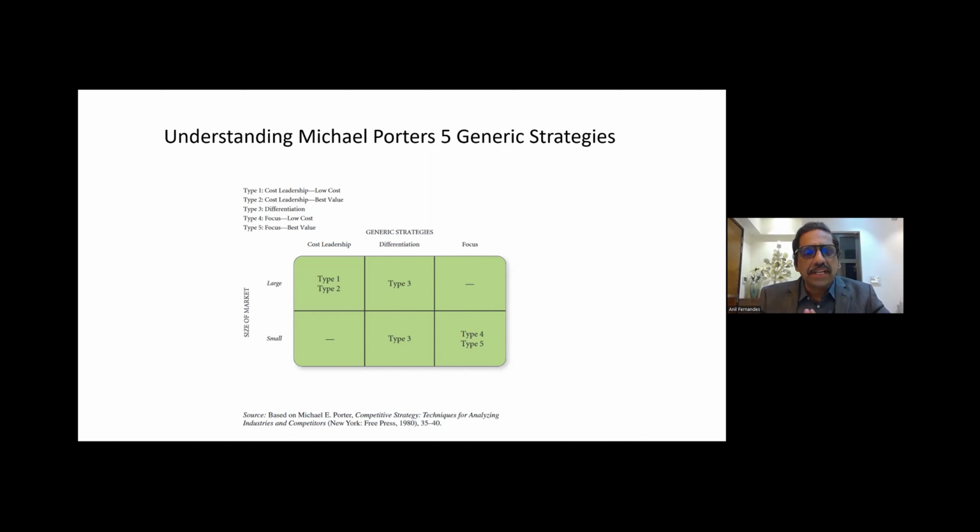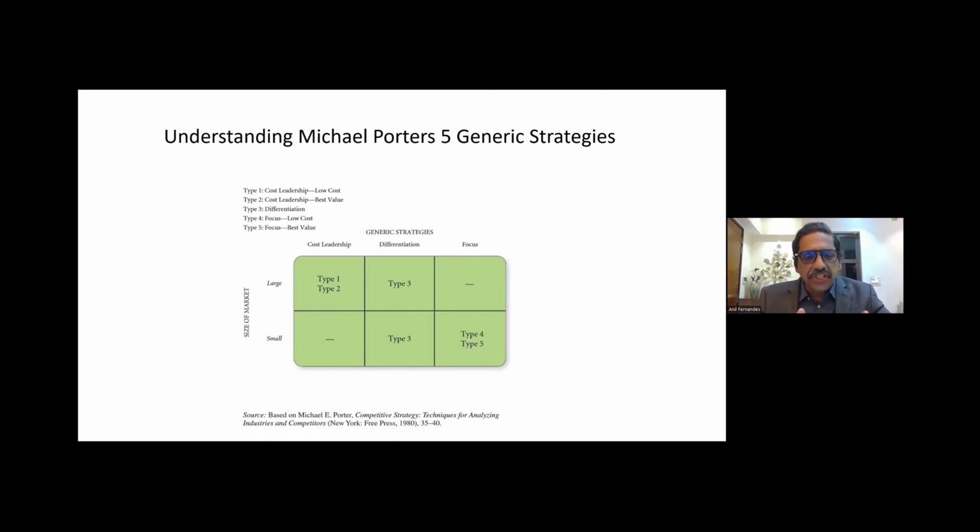Now, if you look at the grid of cost leadership in large markets, broadly, it gives rise to two types of strategy. These are referred to as type 1 and type 2. A type 1 approach is where you have cost leadership in terms of having the lowest cost in your industry of operations.